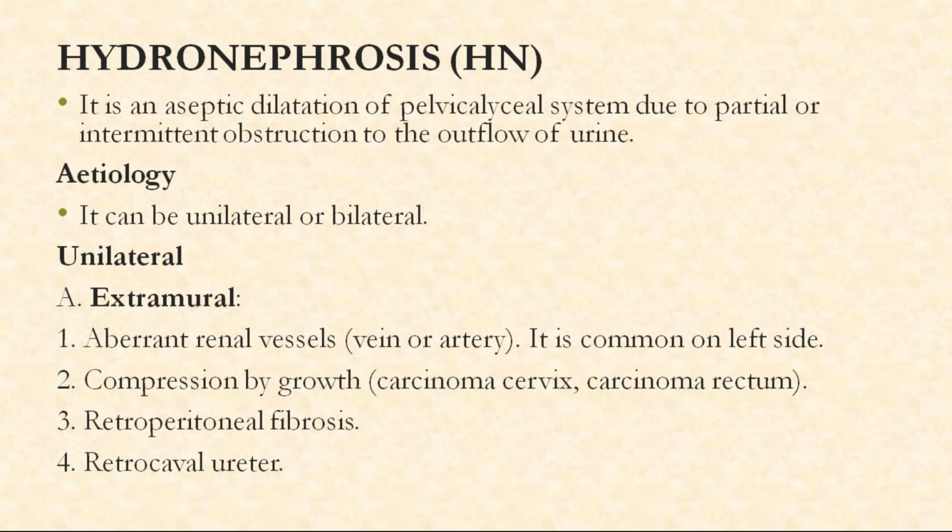Next, compression of the ureter. It may be carcinoma of the cervix or carcinoma of the rectum. Any malignant growths from the cervix or the rectum exert pressure over the ureter and compress it, which may lead to hydronephrosis.